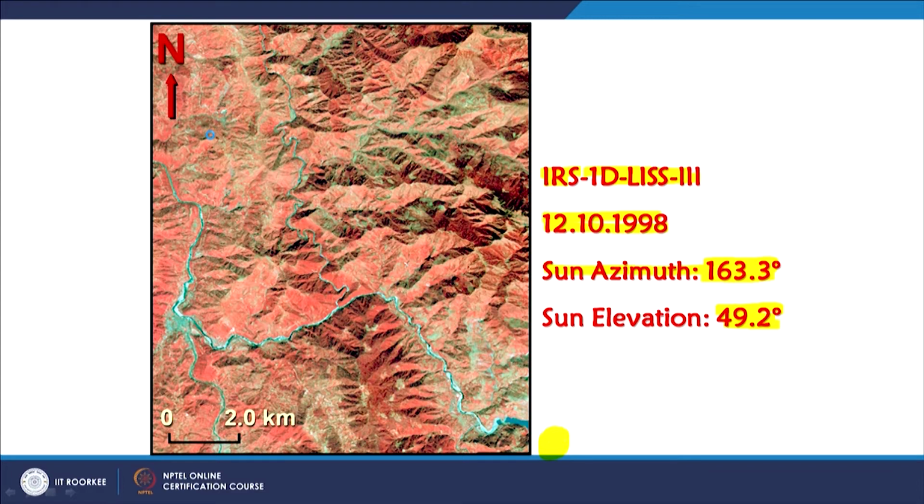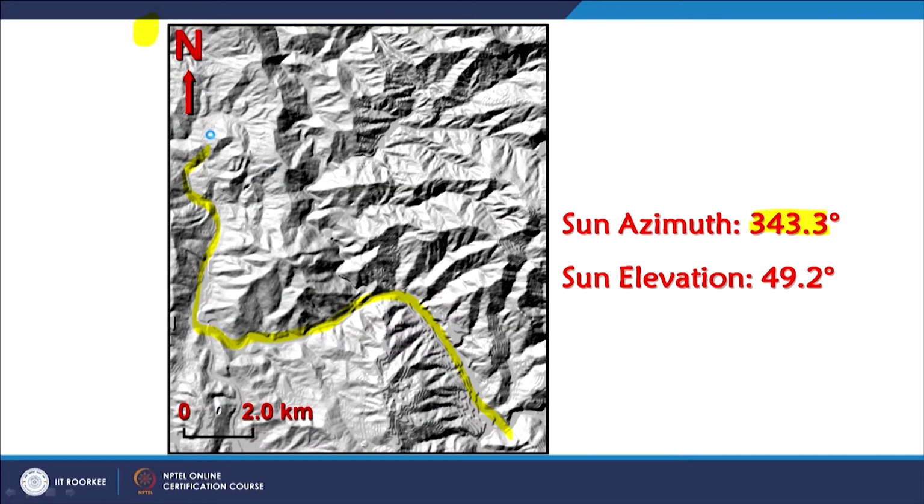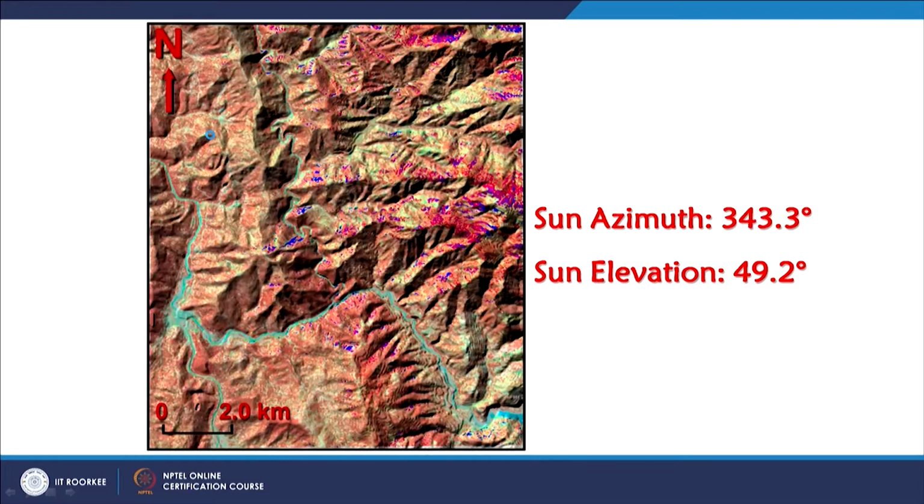One component, the original I of the image, is dropped and replaced with the shaded relief model having the opposite sun azimuth angle. The two components, hue and saturation, remain the same. Then when we perform the backward transformation, from IHS to RGB, this is what we get.